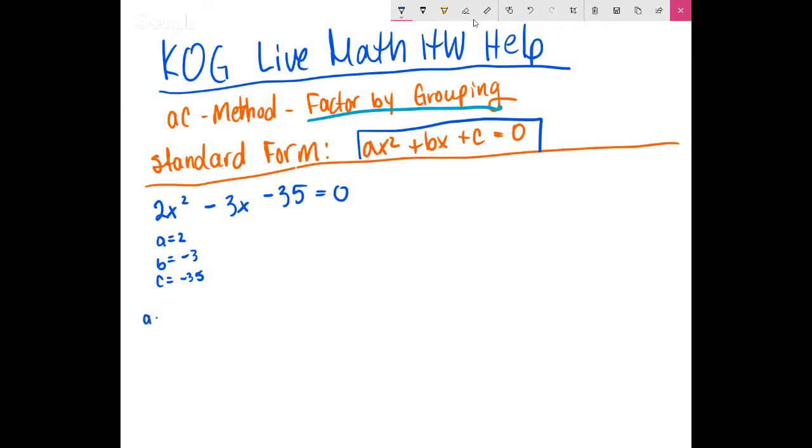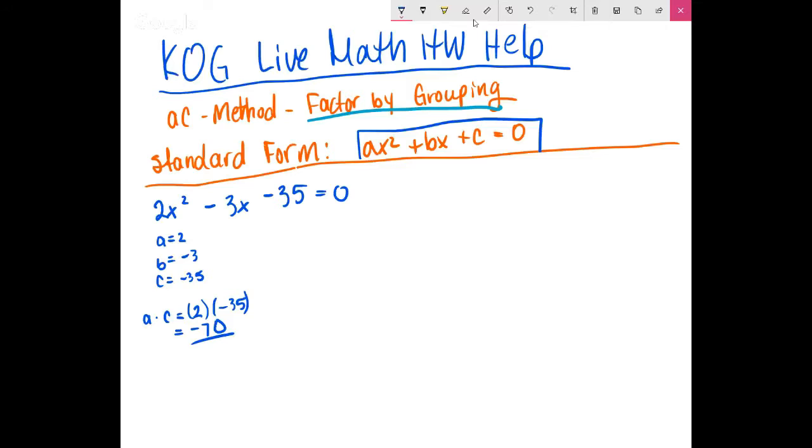I'm going to do that down here. A times C is 2 times -35, which is -70. It's always an issue with the space. -70. Okay, so factors.